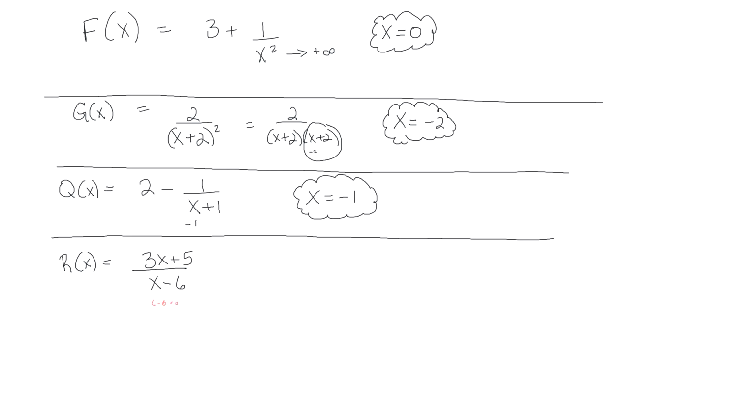And then since I have an x term in the top, I have to check anyway, because I want to be sure. So 3 times 6, 18 plus 5, not 0. 23. So my bottom is 0 and my top is not 0. So my asymptote value is 6. That works.